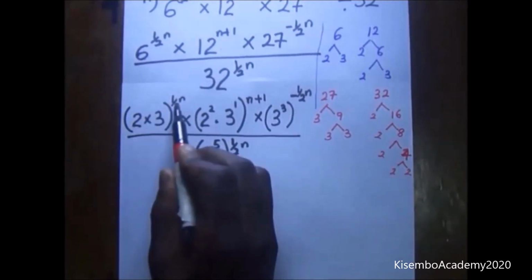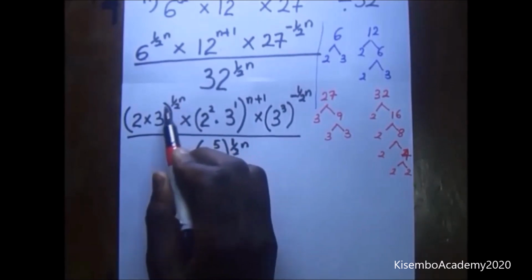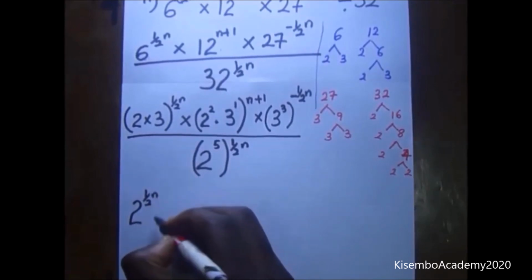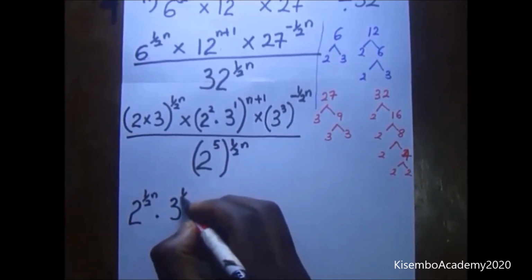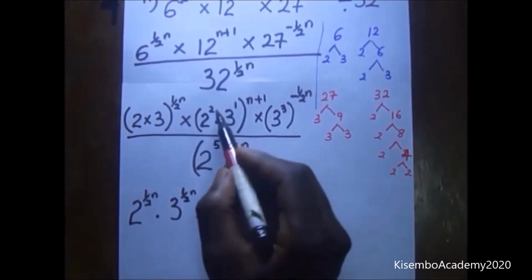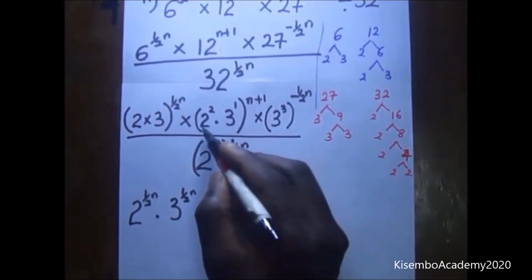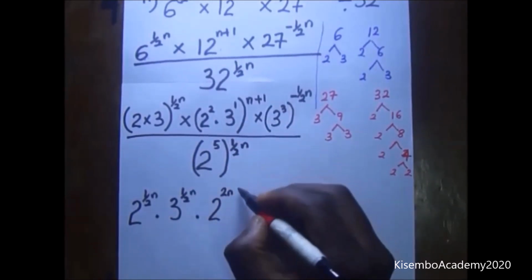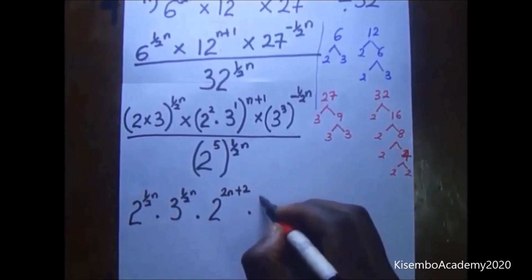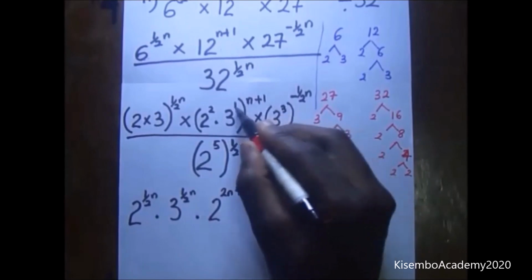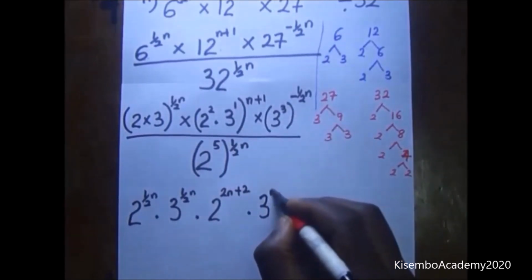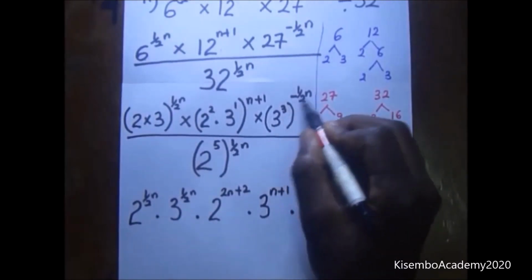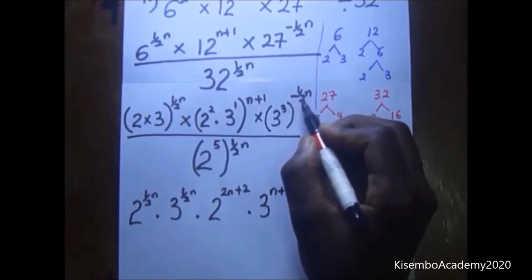This half n is the same as half times 1, so it's going to be 2 to the power half n times 3 to the power half n, times 2 to the power 2n plus 2 times 3 to the power n plus 1, because 1 times that is n plus 1, times 3 to the power, now this is 3 times all that, so it's going to become negative 3 over 2n.